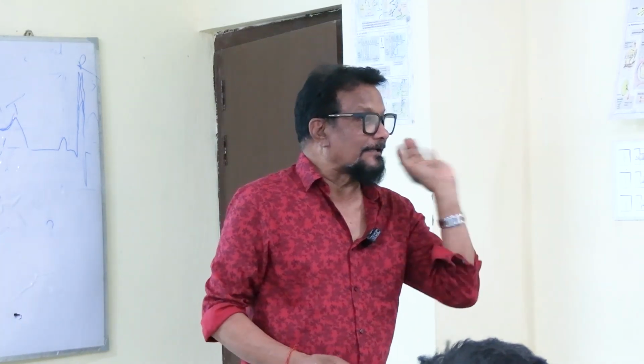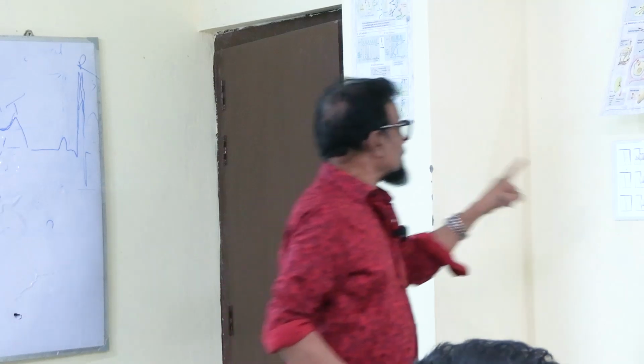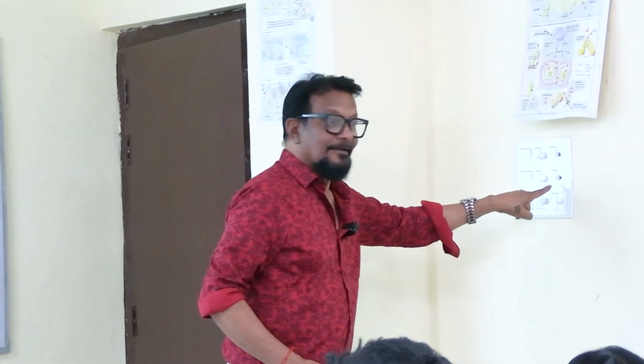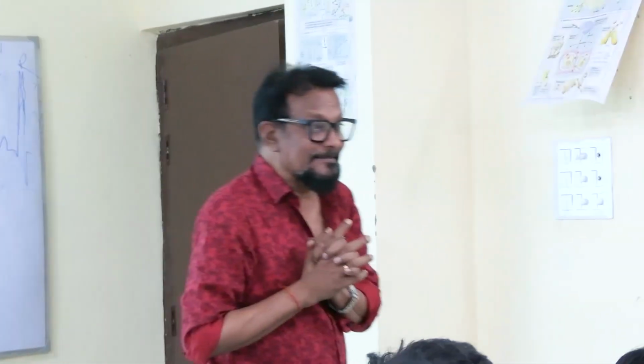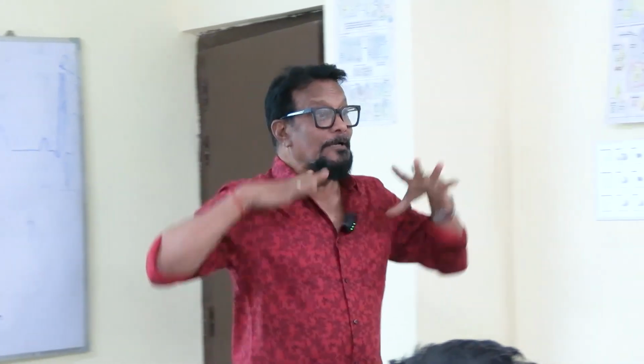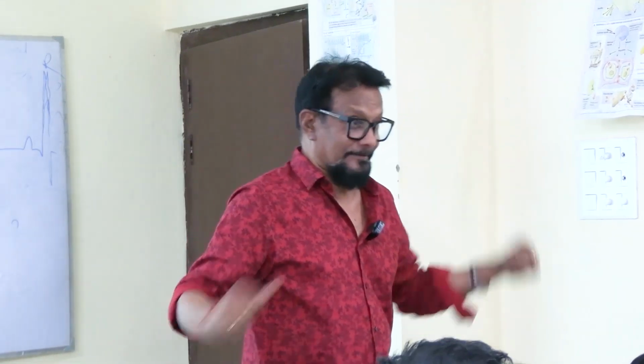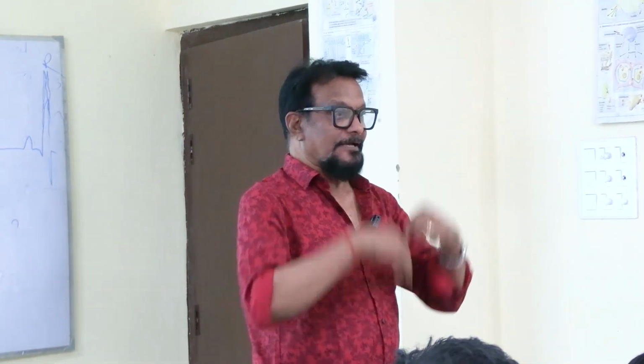They are good conductors of electricity. What will happen if we touch it? Shock. Why? Good conductor. So since our body is a good conductor of electricity, this wave will spread throughout my body surface area.